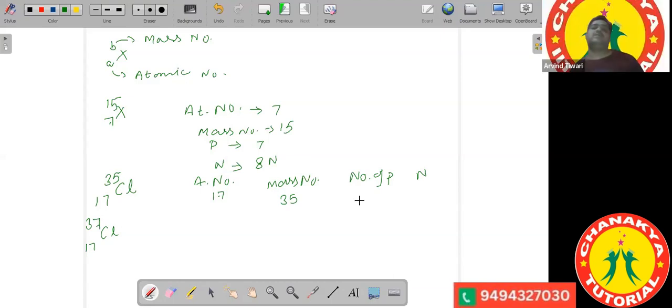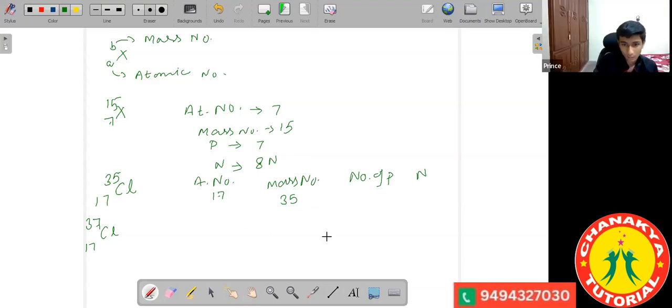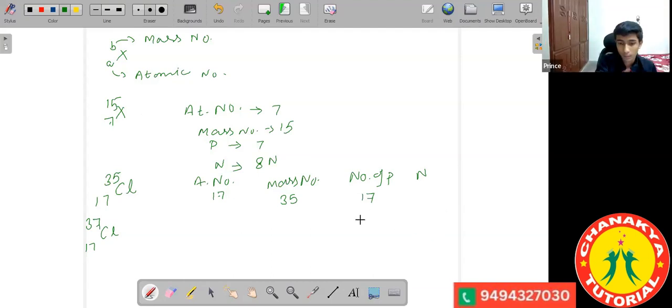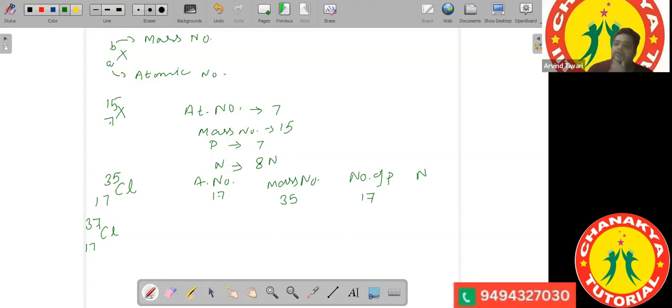Try out. See the previous example and tell. Sir, 17. Number of protons are 17. And how many neutrons are there? 18. 18 neutrons. Very good.